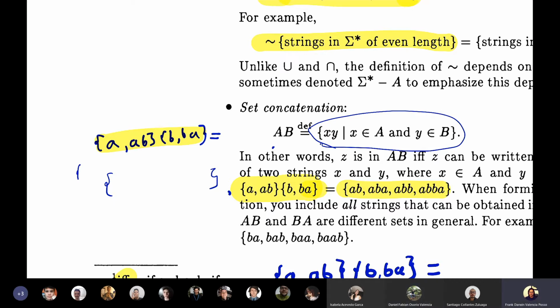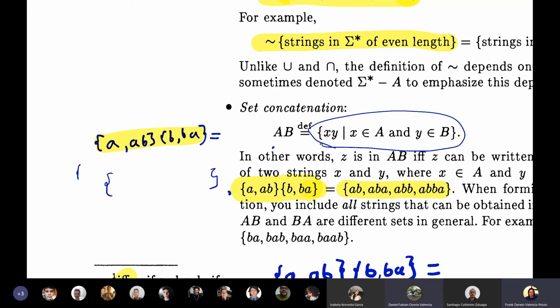But just wait for a second. Here's the definition. Suppose that this is a computer program. It's telling you how to compute this set given A and B: all strings such that the first string is in A and the second is in B.